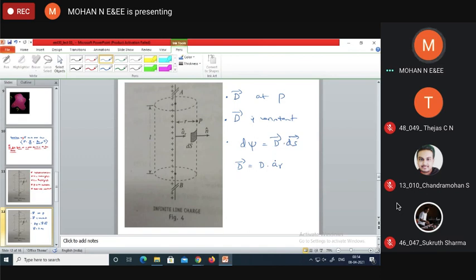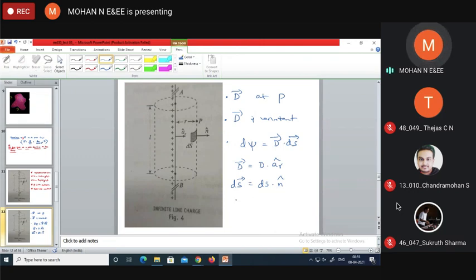And your dS vector is equal to dS into the normal to the surface, which is nothing but your n vector. So aR vector is a unit vector which gives the direction of the field. N vector is the unit vector perpendicular to the surface at point P.